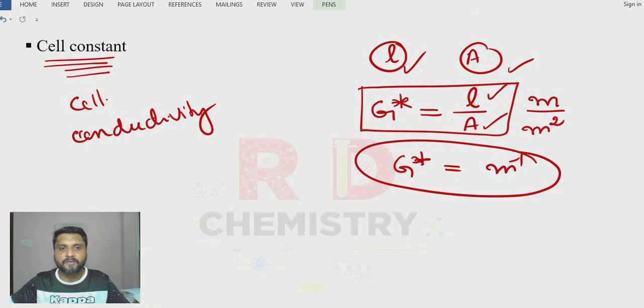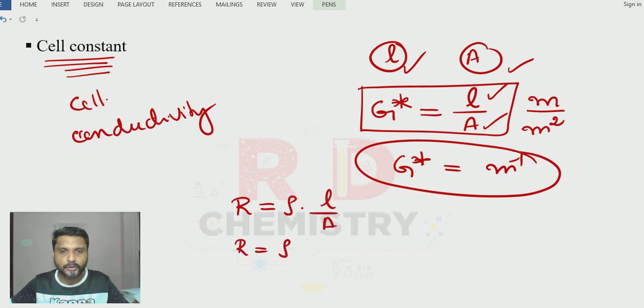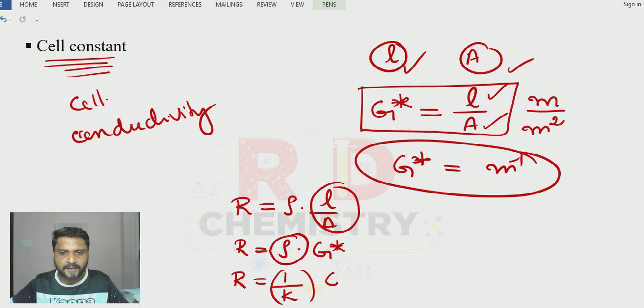Now we'll do some modification. For the first formula we had resistance R is equal to rho into L divided by A. Correct, students? Let me take L by A as the G star. Also I can write R is equal to rho, this rho is the resistivity, which can be written in terms of 1 by kappa K, the conductivity, and then write G star.